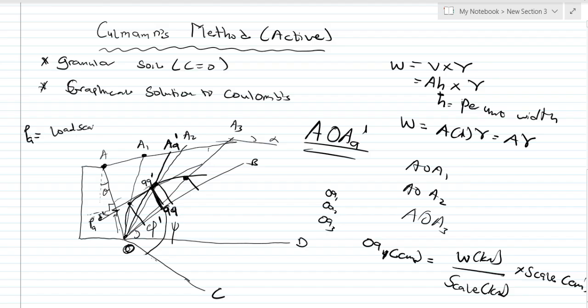The distance you measure here, you multiply by this load scale. So then you find your PA, right?